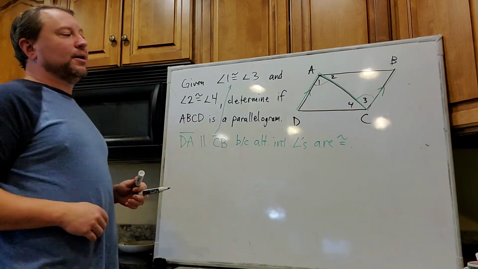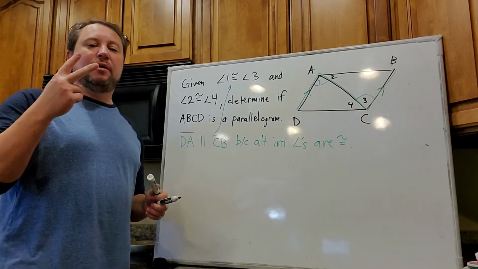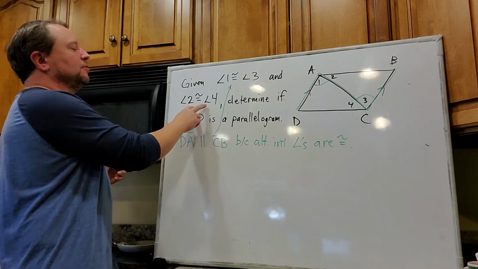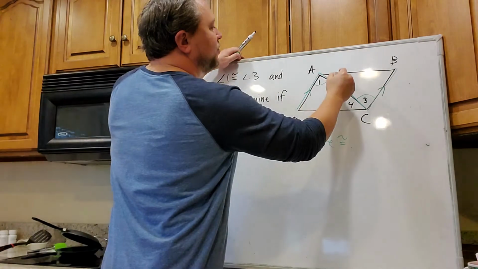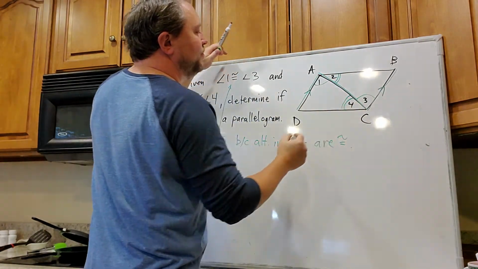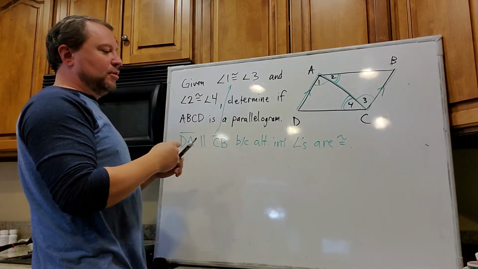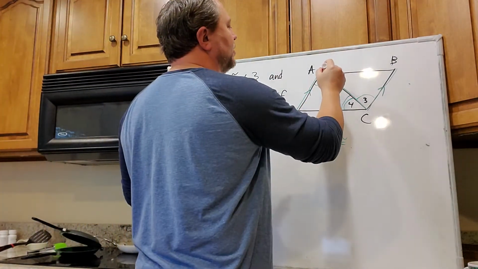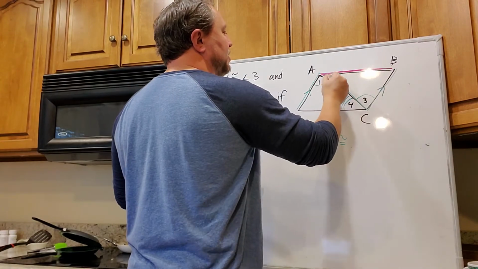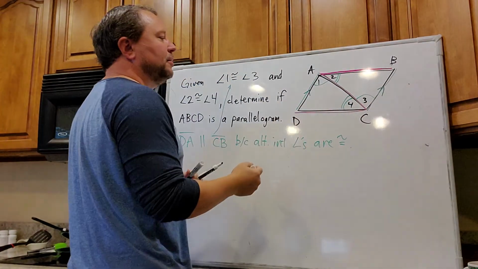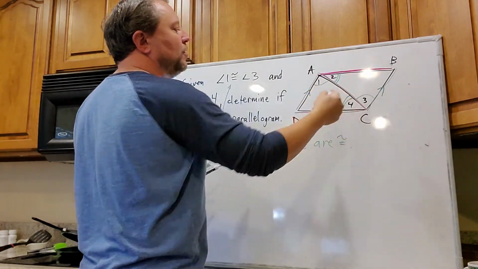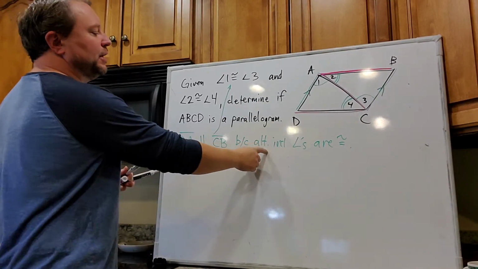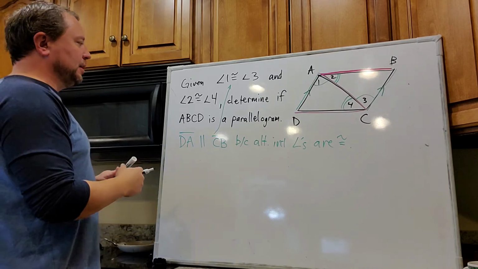Now that's only one pair of parallel sides. Again, to be a parallelogram we need 2. So if you look now at the other pair of angles they mentioned, 2 and 4, if those two match, then again it makes another Z shape. This time here, I'll put this one in a different color. If you follow it, it goes from here, along there, down to there. And again, see how the 2 and the 4 are right in the corners of the Z? Okay, so they're a pair of alternate interior angles that are congruent again.